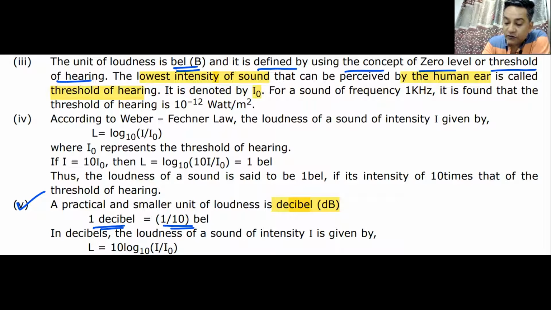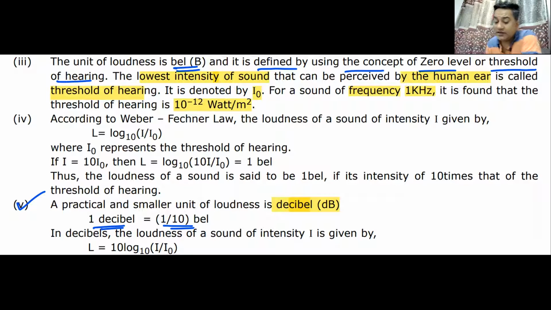This threshold of hearing is denoted by the letter I naught. If the frequency of sound is 1 kilohertz, this is the lowest intensity that can be heard by the human ear, that is 10 raised to the power minus 12 watt per meter square. Do we understand this?